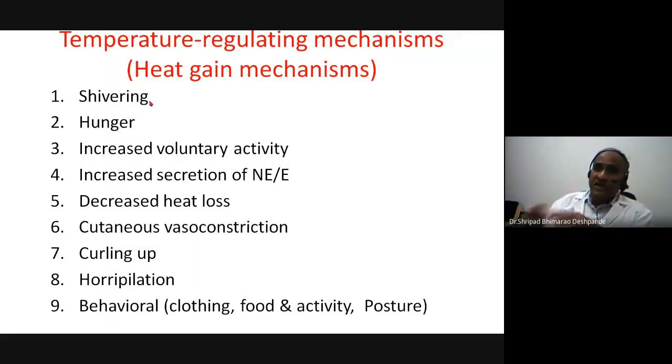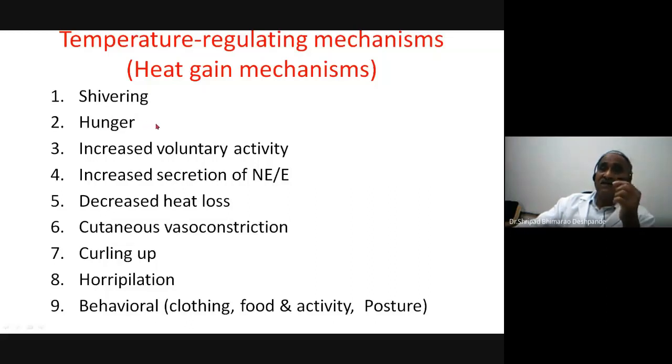The voluntary activity, say for example, increased voluntary activity. Suppose you are doing an exercise, you are doing some activity, you are running. Then also the heat production is there. That is another thing. So this is the involuntary, this is a voluntary activity of the skeletal muscles. Then we have hunger. Hunger means if you are hungry, you take the food.